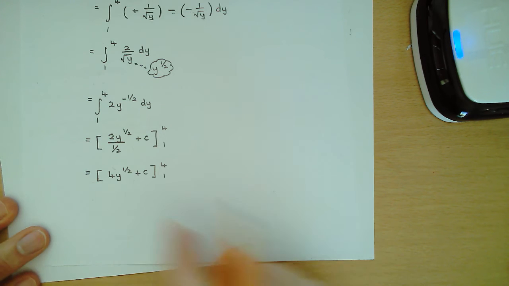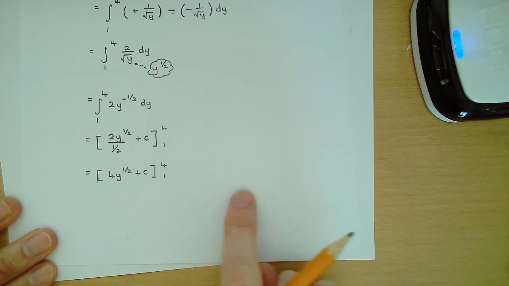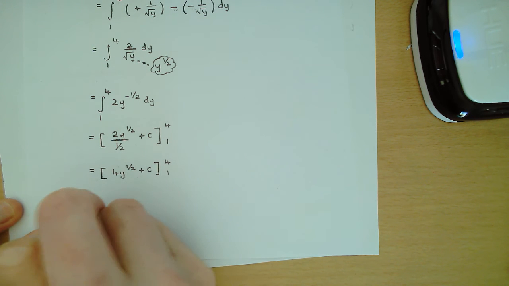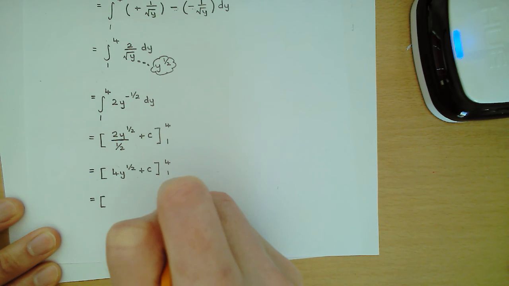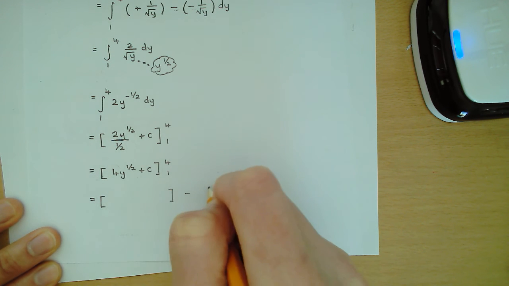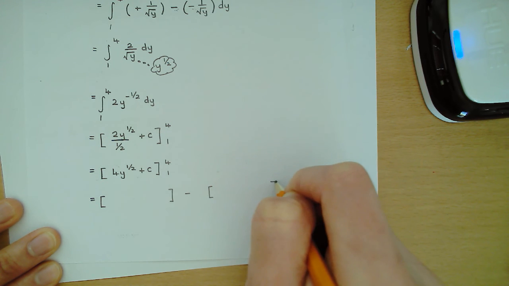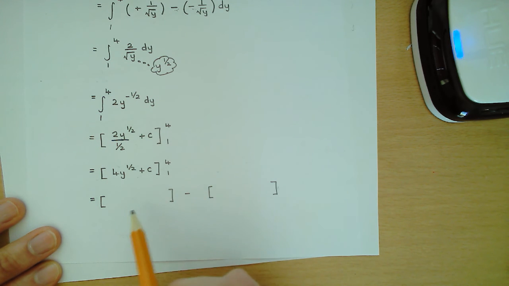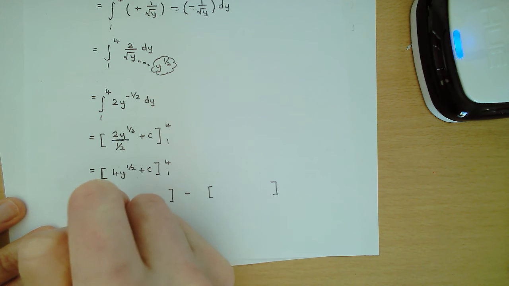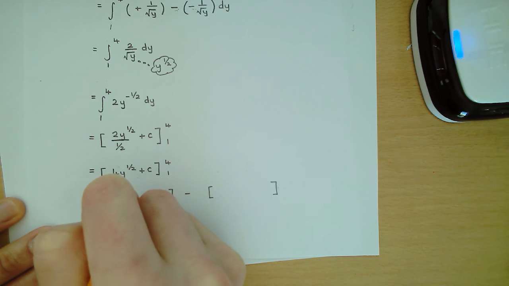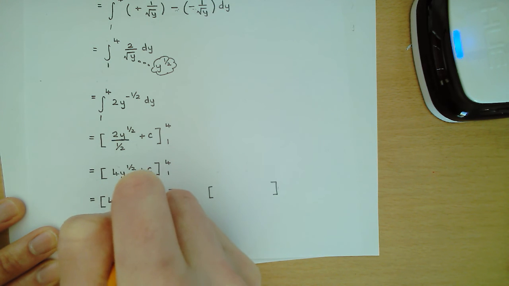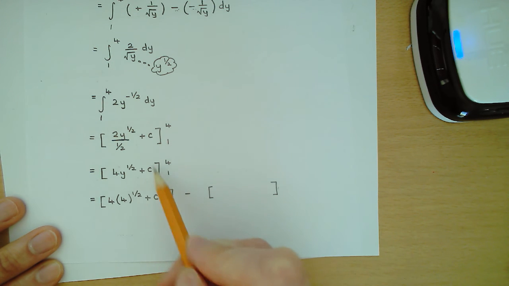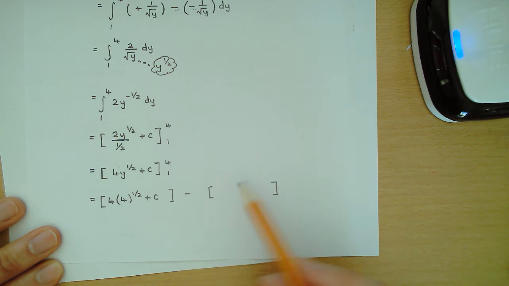Now we're going to break up the square bracket into two separate square brackets with a minus between them. We're going to put the top limit into the integrated expression in the first square bracket. So we're going to have 4 times 4 to the power of a half plus c. And then we're going to put the bottom limit into the integrated expression in the second square bracket.